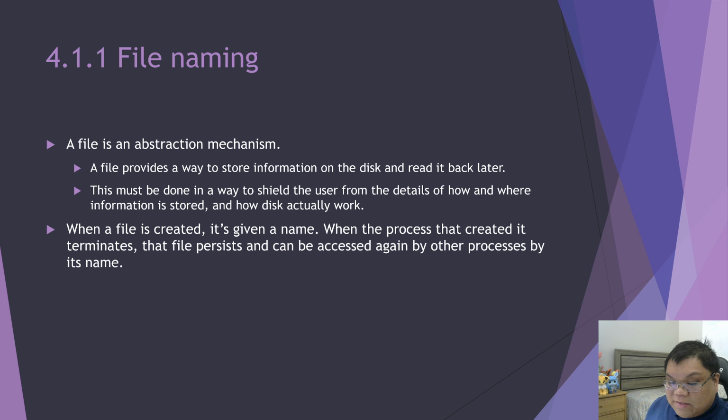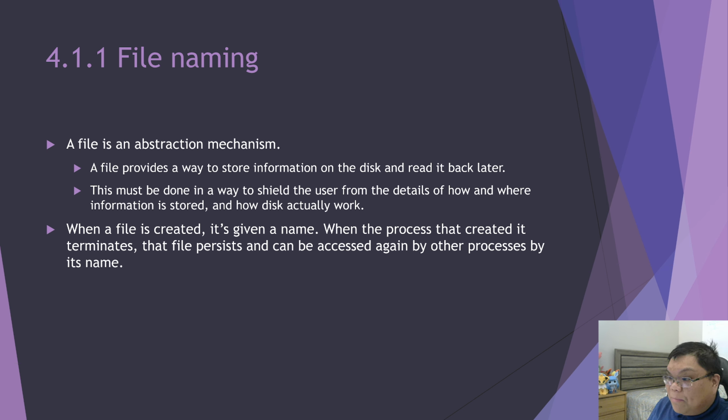No specifics on where you want to save the file, apart from what folder you want to save your file in. Nothing about the process of making new files involves telling the user what block you want to save this file in. For example, when we create a file, we give it a name, of course.